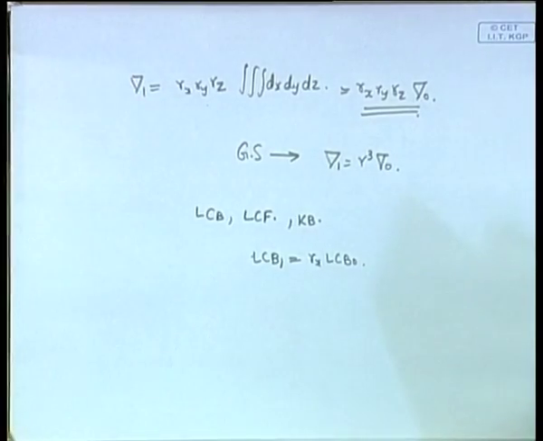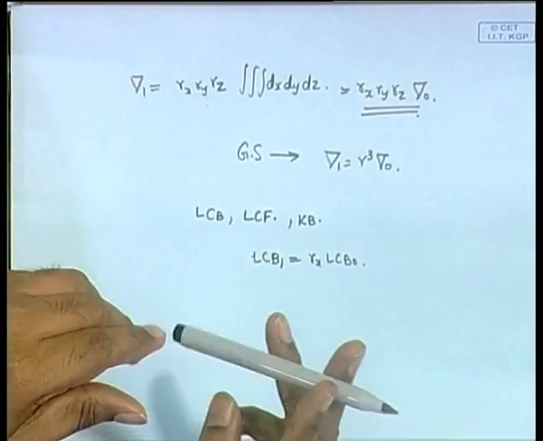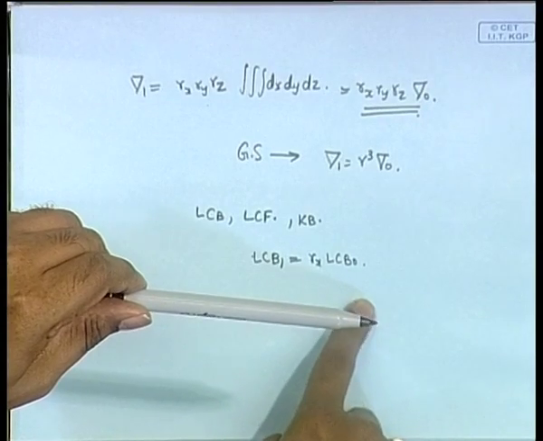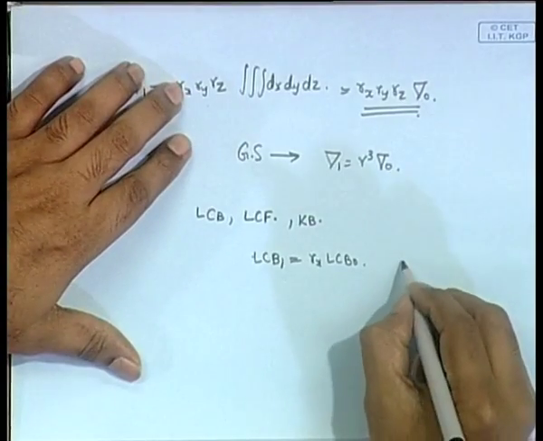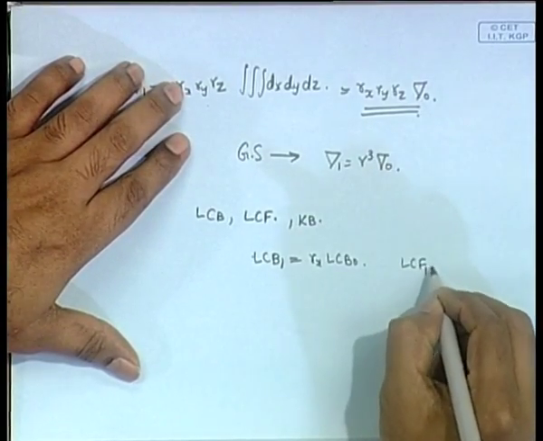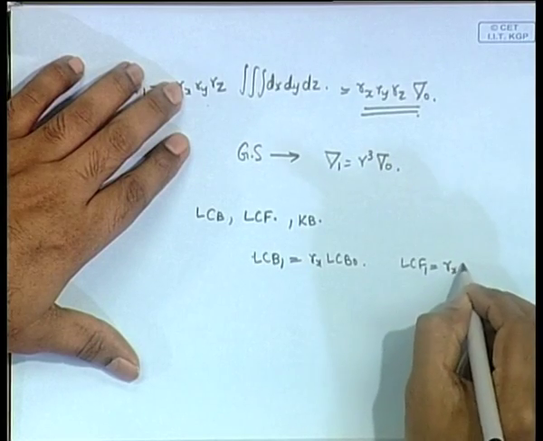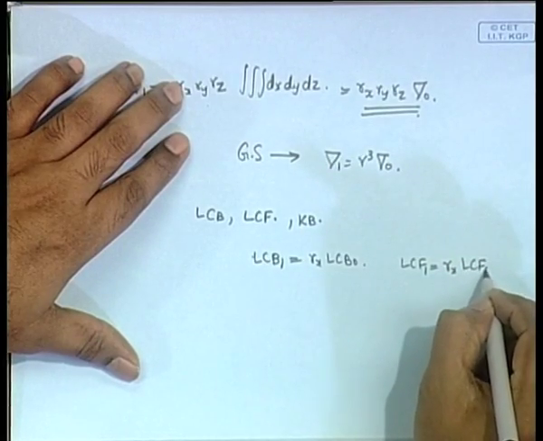you can do one thing. If you remember, LCB is always the distance taken along the x direction. That you should know firmly. So it is in the x direction, therefore you get the concept of r x into LCB0; it is not dependent upon r y and r z. Similarly, LCF1 will become r x into LCF0.